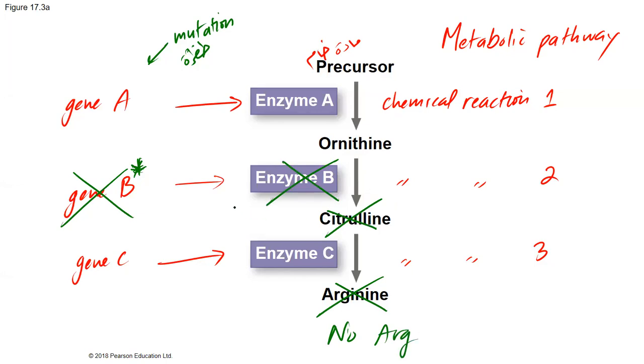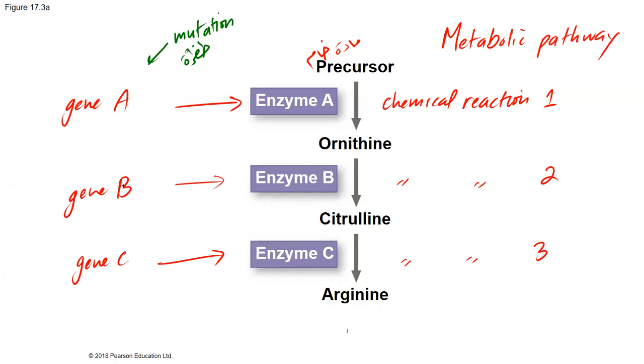Okay? Similarly, if the mutation hits not gene B, but gene C, this means gene C is destroyed or mutant and can no longer produce enzyme C or produce active enzyme C, which means that citrulline will not be converted into arginine.